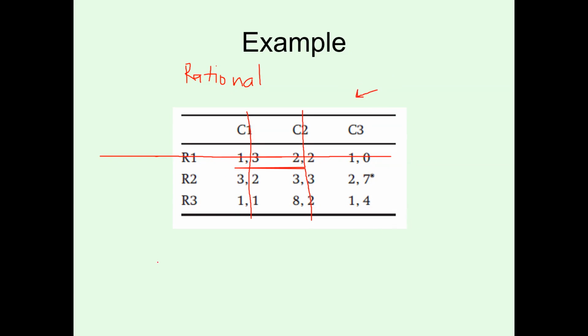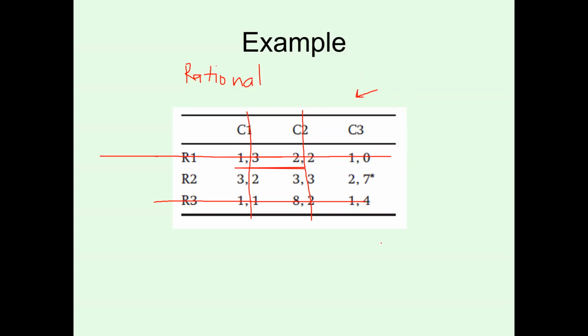But what if I'm the row player? If I'm going to compare R2 and R1, if my opponent will select C3 as a strategy, of course, I would select R2 because I will get a payoff of 2 compared to 1. So therefore, I can cancel this. So if I were the player R, I would choose R2. And if I were the player C, I would choose C3.